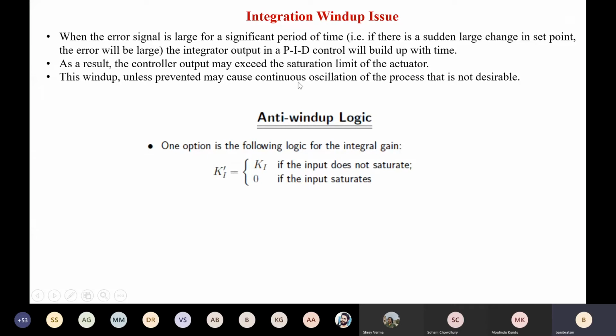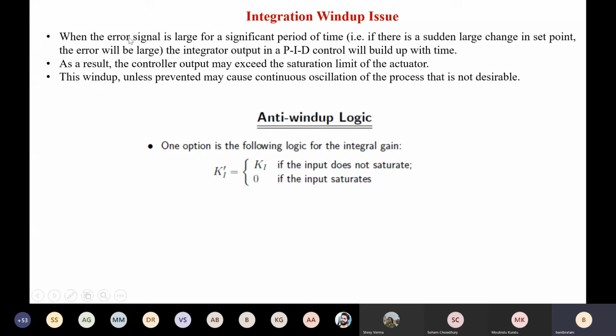Now, if you consider the integration action, what does it imply? Basically, the error will be summed up with respect to time, is it not? Now you can have positive error, negative error depending on the set point and your output, right?